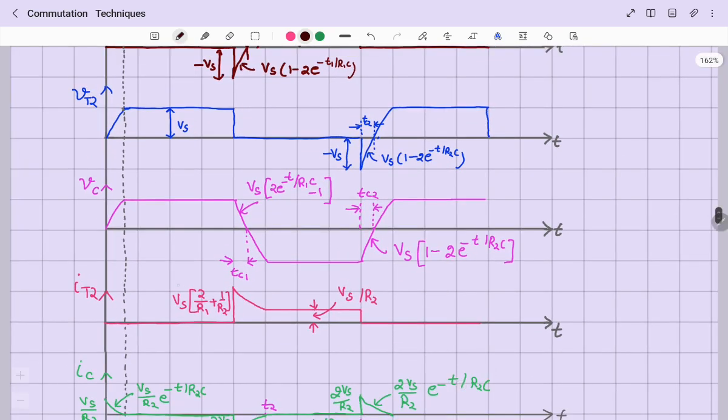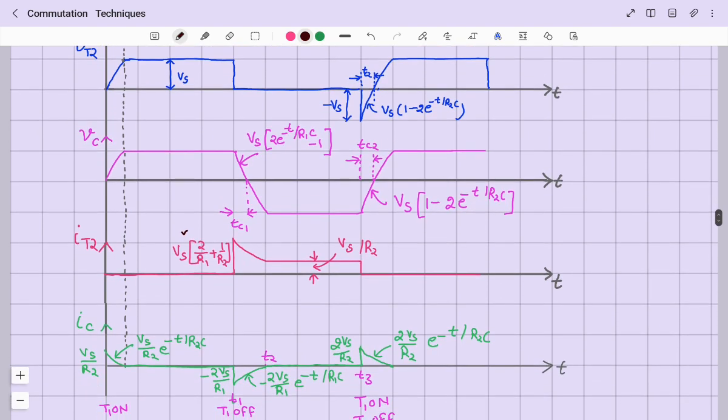2 Vs by R1, upon R2, and an exponential decay would be there, that is 2 Vs by R1 e to the power minus t by R1C.